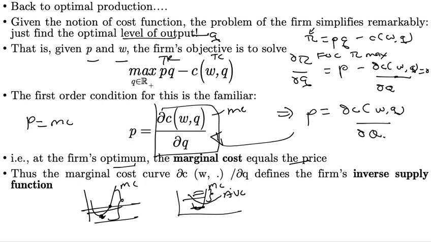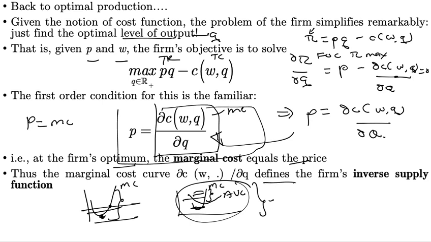So any point along MC above minimum AVC is what we call the supply curve or supply function. That's what you learn at the undergraduate level. So because of this condition, plus what you have in your first degree, delta C over delta Q can be defined as the firm's inverse supply function. Alright, so I hope this is clear.